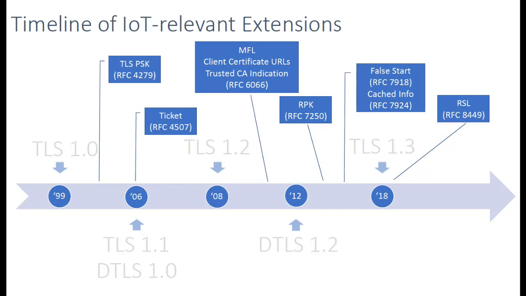Finally, the record size limit extension revised the MFL extension to reduce RAM consumption further. Clearly, a lot of effort went into optimizing the TLS protocol to improve its performance in many environments, and this is only a tiny snapshot of the extensions developed over the years.